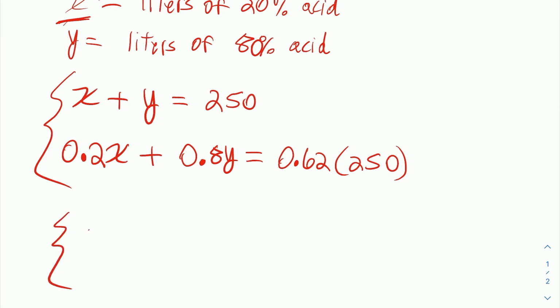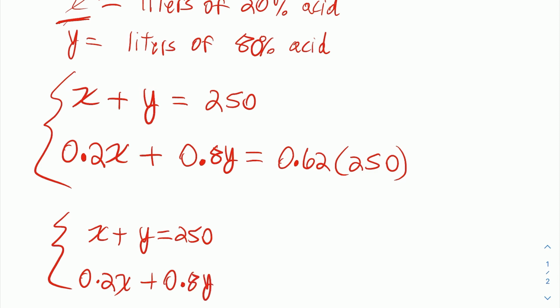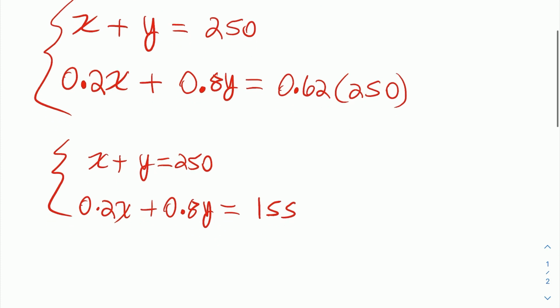I can simplify the bottom one a little bit: x plus y equals 250. And 0.2x plus 0.8y, or 20% of x plus 80% of y, should equal 62% of 250, which is 155. So we get these two equations here.